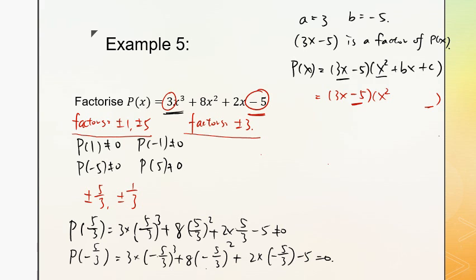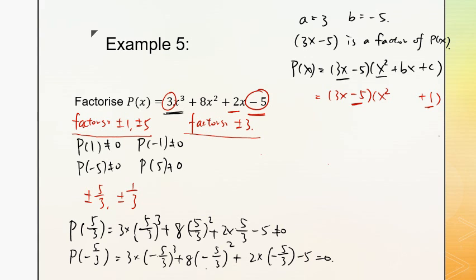So the only possible value for c will be +1. Okay? And then think about the b value. The b value, you can again look at the coefficient of the x term. In this case, that will be 2.